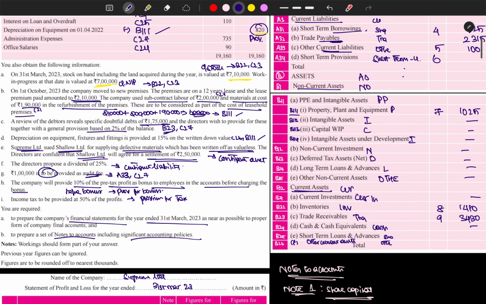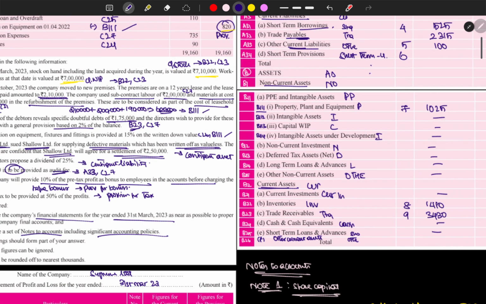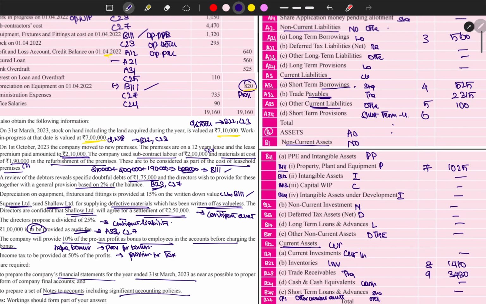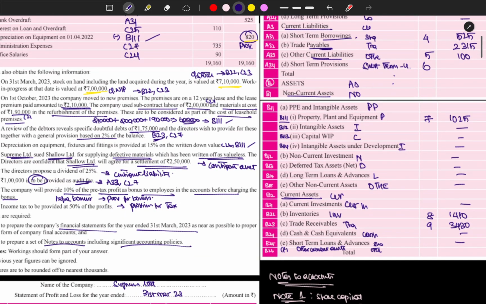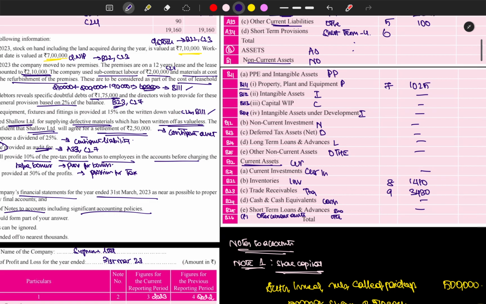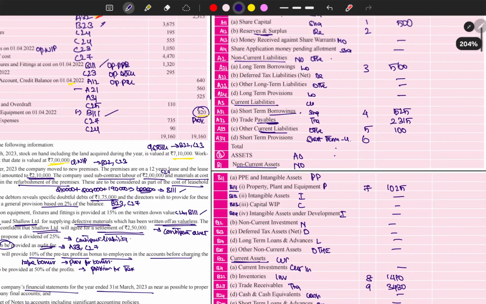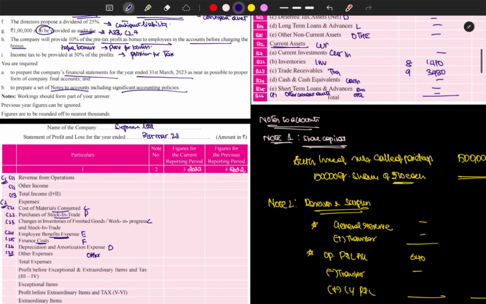So there are no short-term loans and advances. Is there any B26, which is other current assets? No B26 also. That's it. We have finished the entire balance sheet. We have to total once we get the values for provisions and reserves and surplus. So let's get into the P&L account.